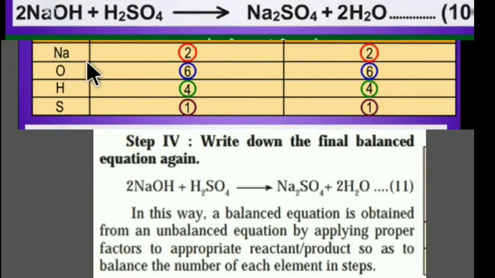Let's see the first, Na, having 2 atoms on the left side and 2 atoms on the right side. See here 2 Na, here also 2 Na. Next, oxygen having 6 atoms on the left side and also 6 on the right side.